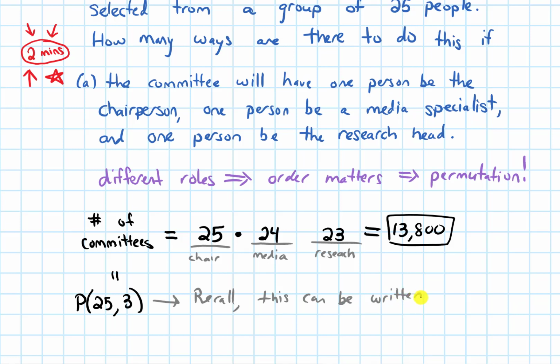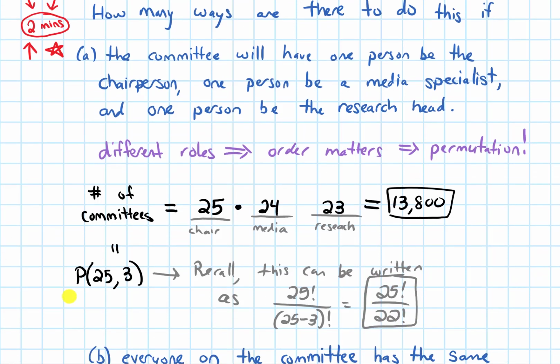So remember, the formula for this was you do 25 factorial over 25 minus 3 factorial. So 25 factorial over 22 factorial. And that's the same thing as what we had above.